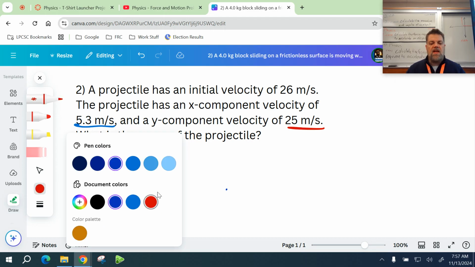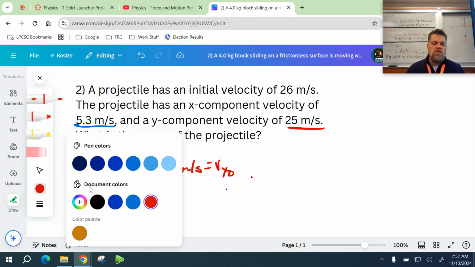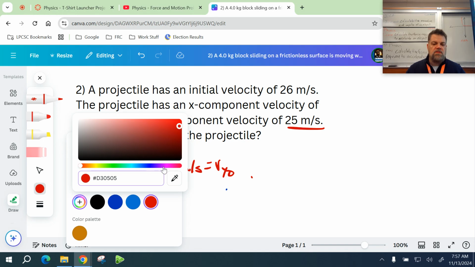Then it has a y velocity, which is much bigger, at 25 meters per second. And that's the initial y velocity. And then there's, of course, a resultant vector of that.